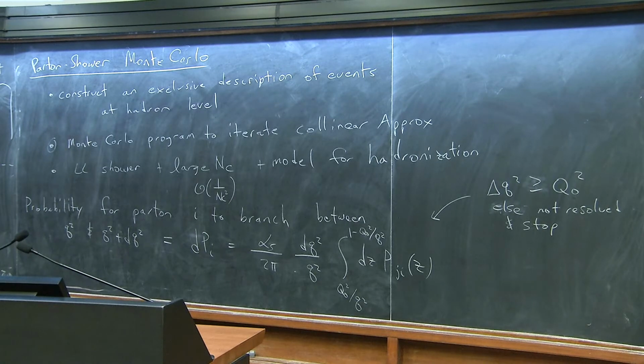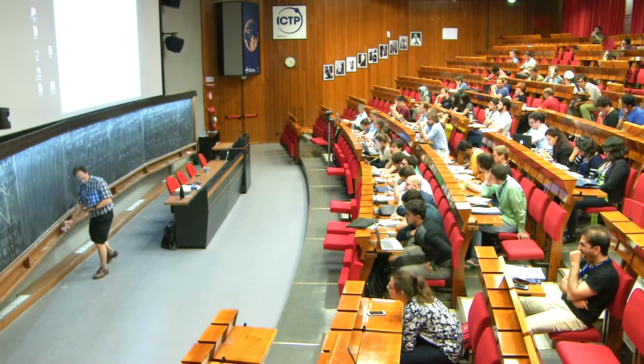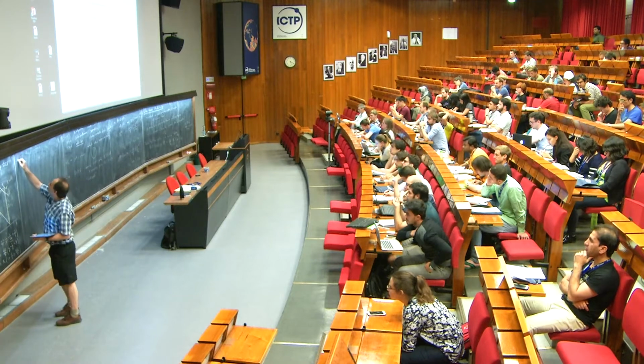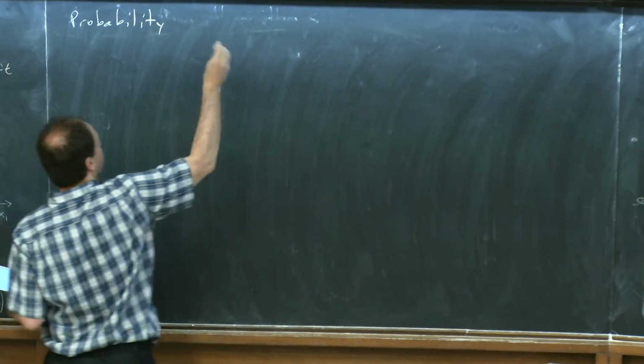We also need a probability for not branching. Once we have those two things, then we can form an algorithm. So let me derive for you the probability for not branching, given that we know the probability for branching.